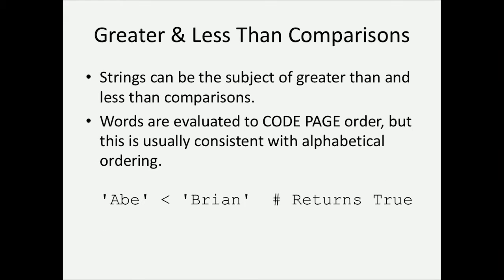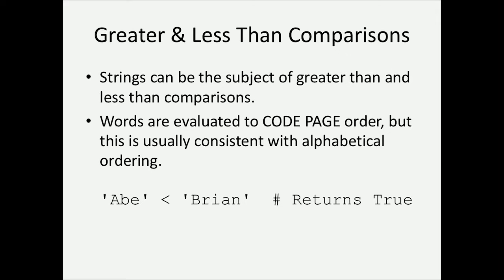Some other cool things you can do with Python strings is you can compare them. And strings can be the subject of greater than, less than, greater than or equal, et cetera. Now, how does it compare strings? Well, this is called code page order. That's something you don't really need to understand too well.